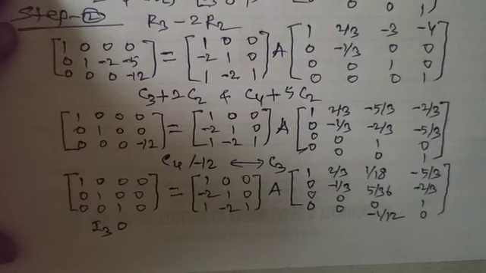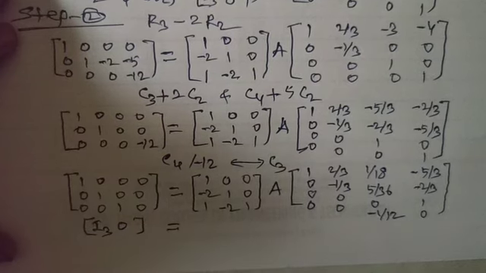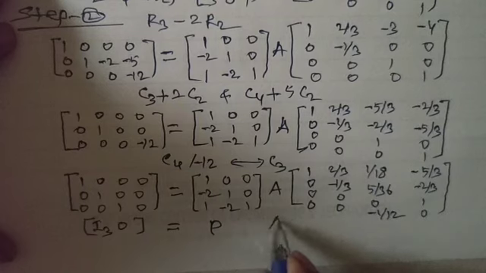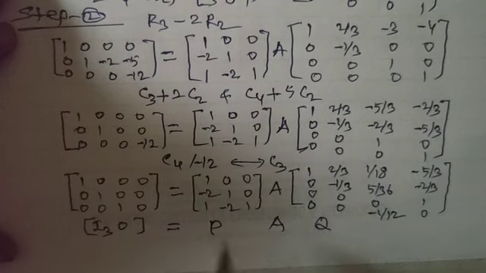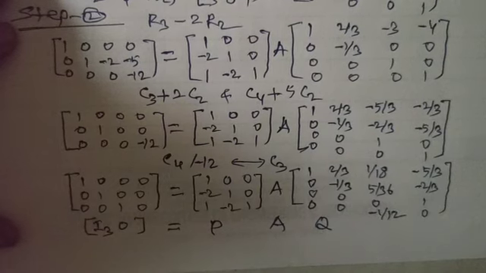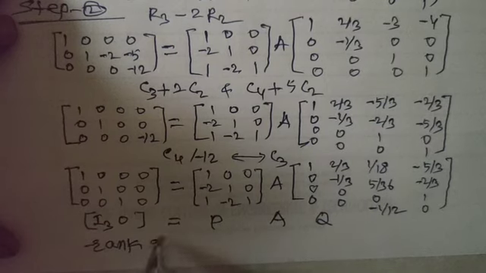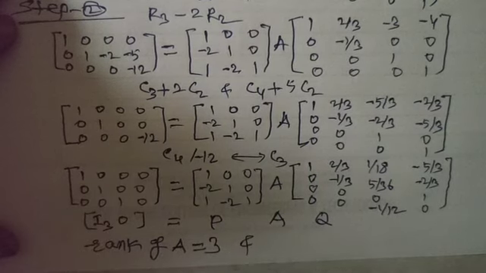Okay, I3 0, and then this is equal to P A Q. This is matrix P and this matrix is Q. Hence finally the result will be rank of matrix A is equal to 3, due to this.